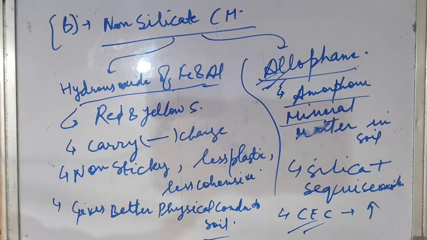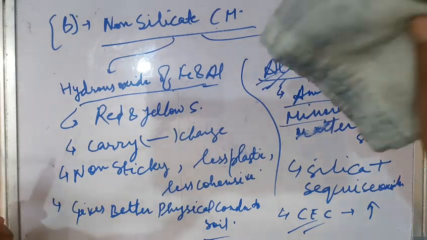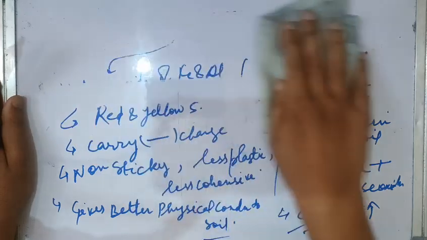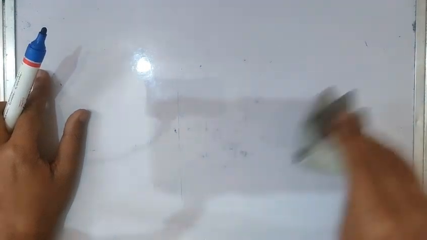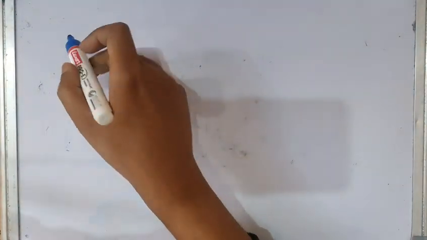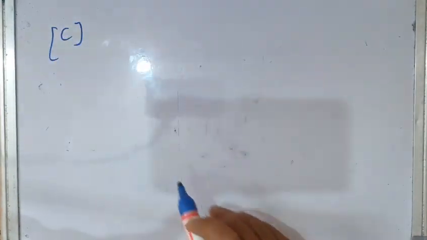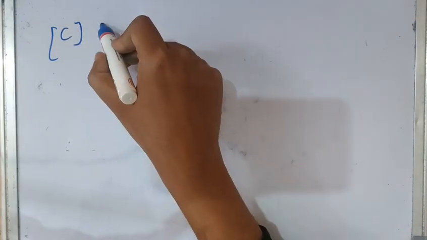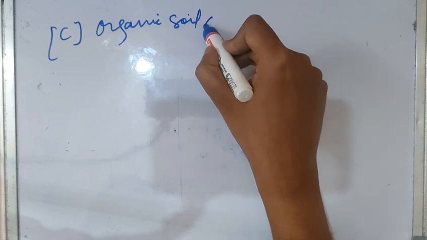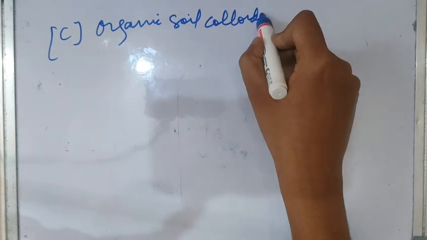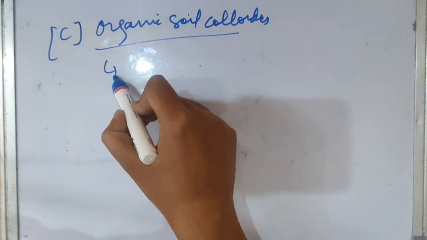Now moving on to the third category. I hope you all understand it. That is organic soil colloids. We have done silicate and non-silicate. Third one is organic soil colloids, that is humus.